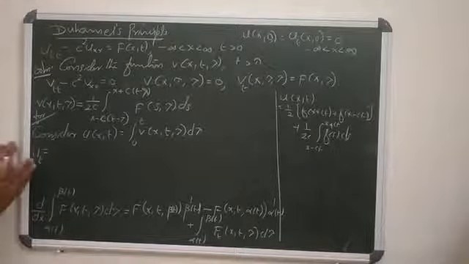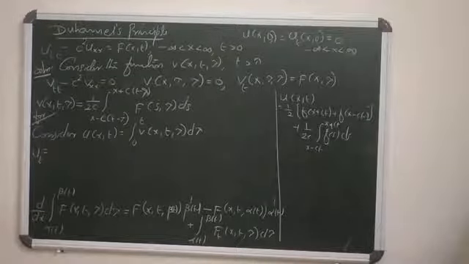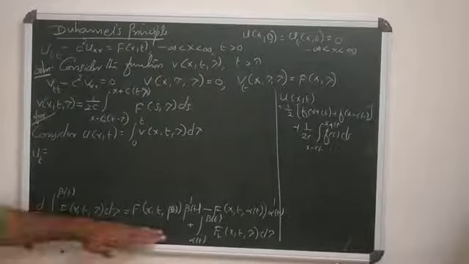So you can differentiate this function with respect to t, that is, d by dt of the integral from 0 to t of v(x,t,lambda) d lambda, by using this argument.